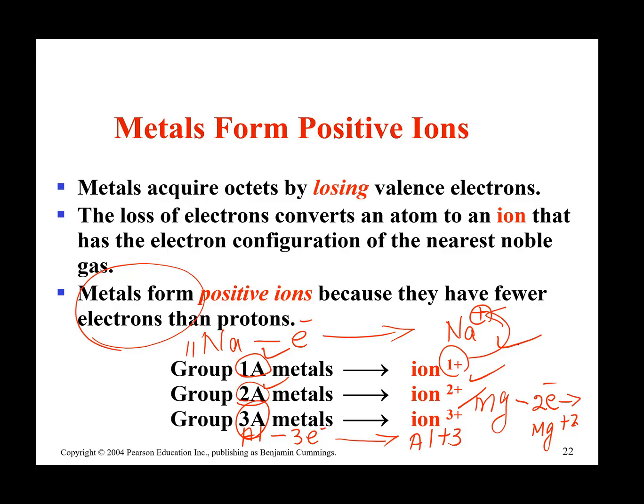Well, let's say whatever the group number of a metal, and we are talking about main group metals, which are group 1A, 2A, and 3A, whatever the group number is, that would be the amount of positive charge. 1A +1 charge, 2A +2 charge, 3A +3 charge. Do I make sense? Yes. Thank you. Good job.